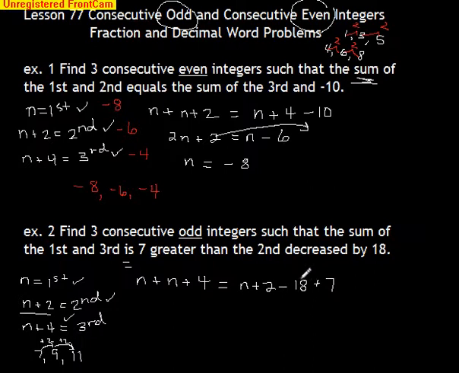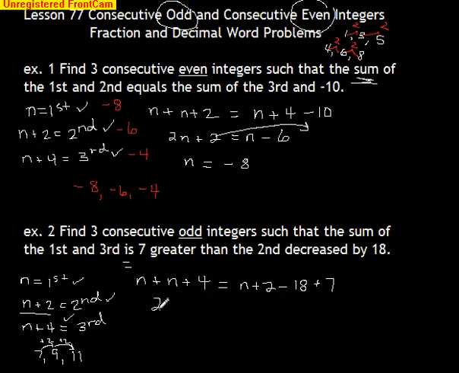Let's make sure we got all this right. 3 consecutive odd integers such that the sum of the first and third, this is the first, this is the third, is equal to 7 greater than the second, this is the second, decreased by 18. So let's work this through.